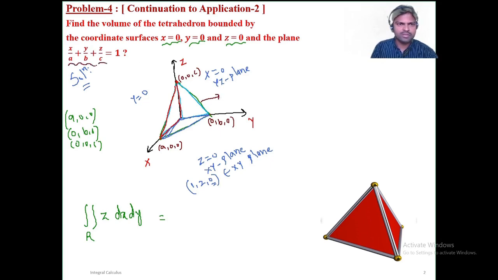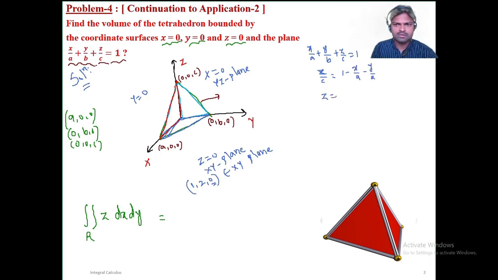So from this, let us modify this. What will we get? x/a + y/b + z/c = 1. From this, what is z/c? z/c is 1 minus x/a minus y/b.